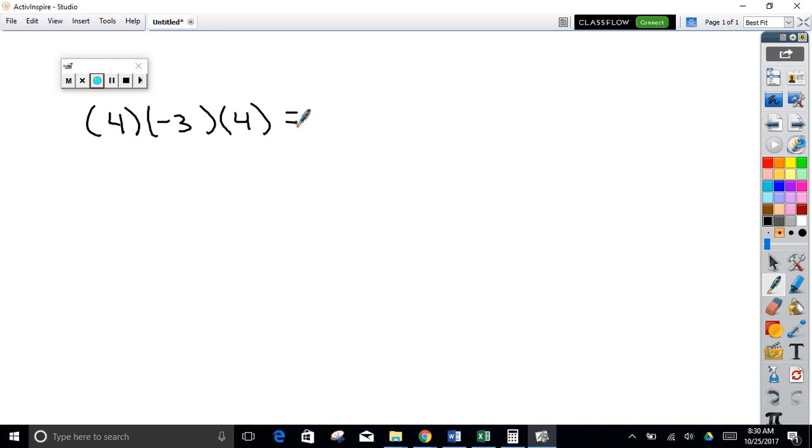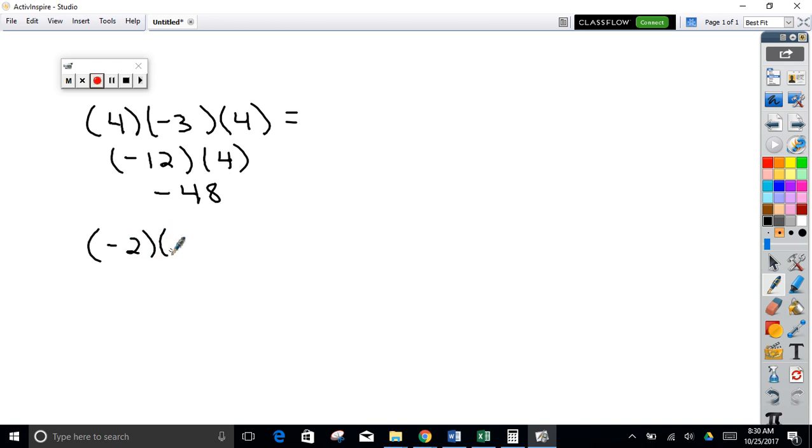When you multiply, you just want to go from left to right using order of operations. We always multiply from left to right, although you could rearrange because multiplication is commutative, but it's easier if you follow the same pattern every time. 4 times -3 would be -12. And -12 times 4 is -48. So the only tricky thing really is keeping track of your negative signs.